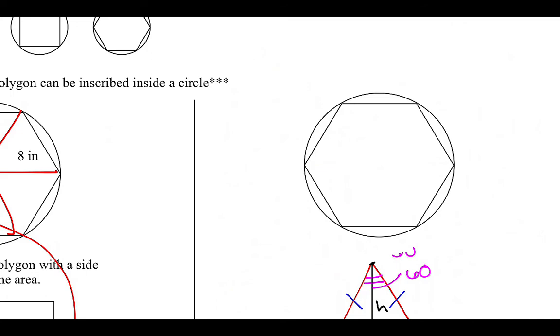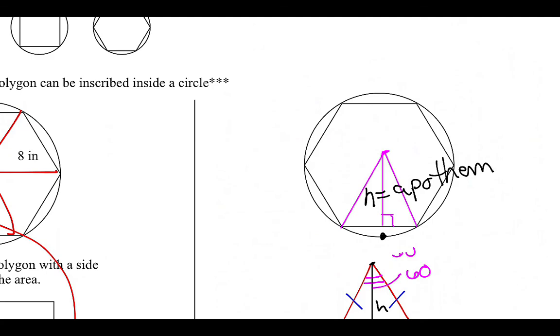But the height of the triangle was created by starting at the center of the circle and drawing straight down to the hexagon. Now, this is not a radius, so don't call it a radius. It's not making it all the way to a point on the circle. This height is the height of the triangle. We're going to call it the apothem.